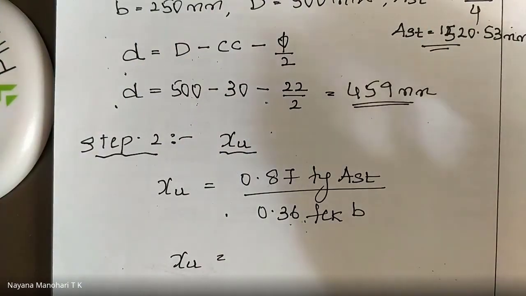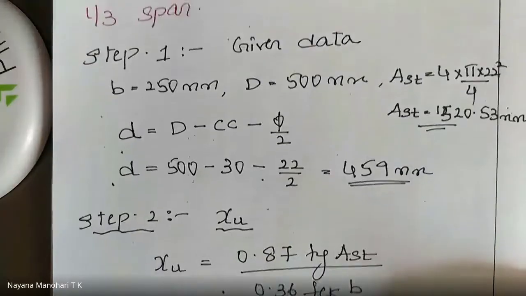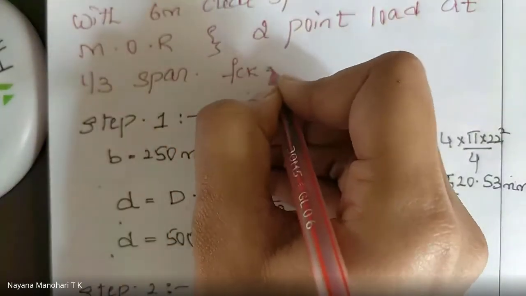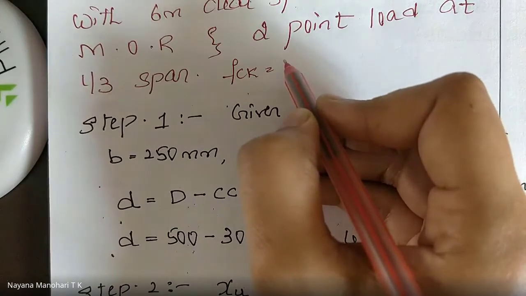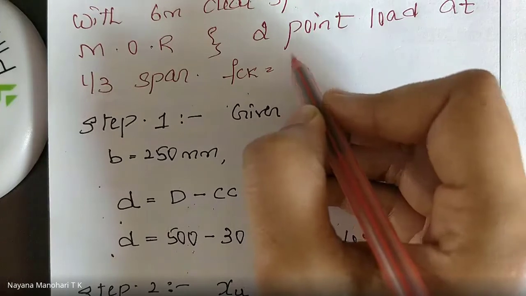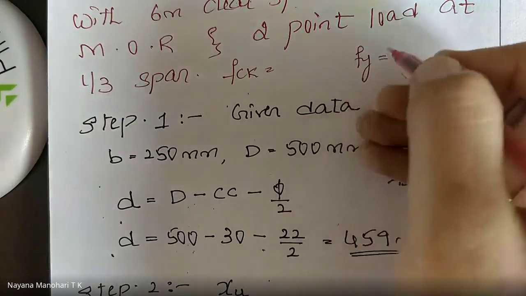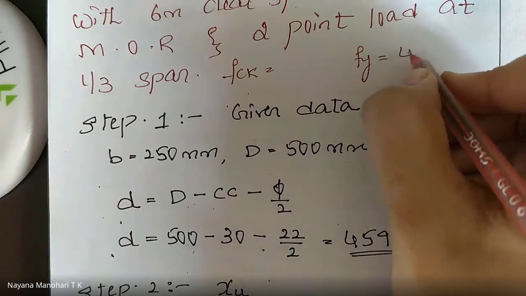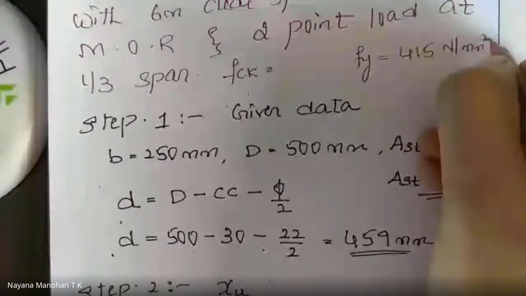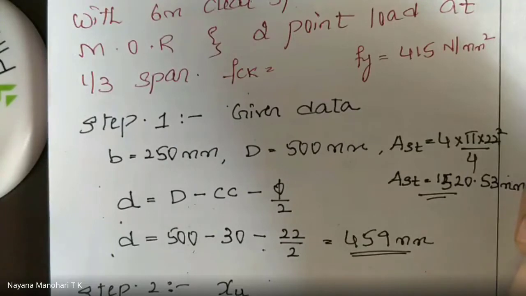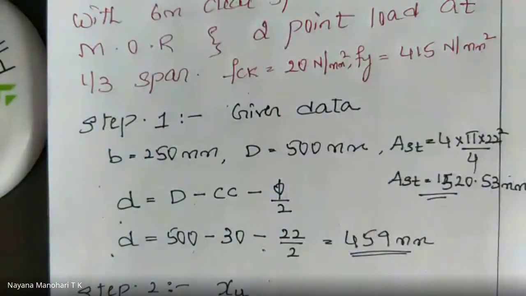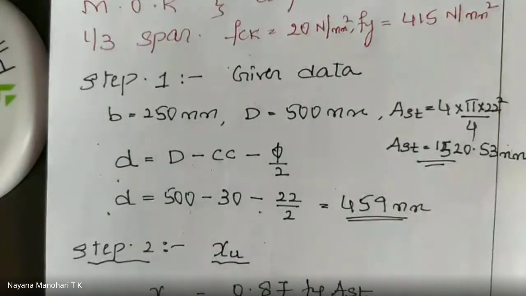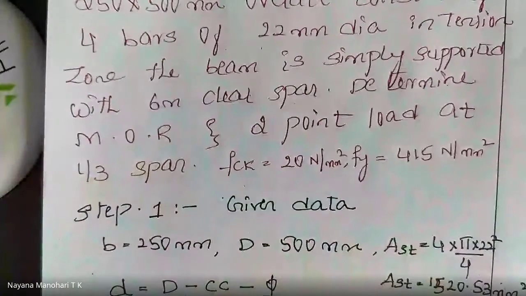Check it out, 1 second. Okay, take FCK equals to 20 and Fy it is 415.